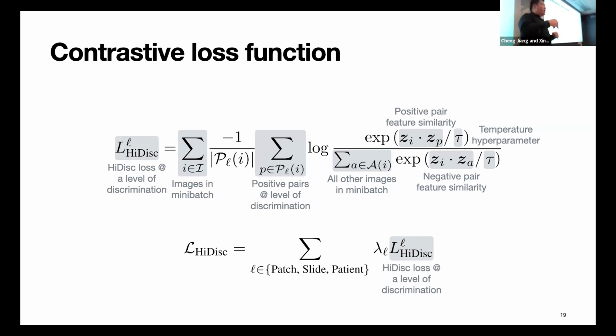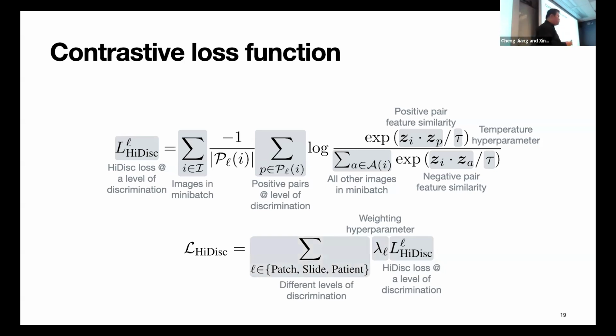Then we do the same loss function with a different set of positive pairs, defined by all the other patches from the same host slide image. And then we do the loss again with all the patches from the same patient. This is how we formulate our loss function, and we have some weighting hyperparameters to help us weight these loss functions for all the different levels.